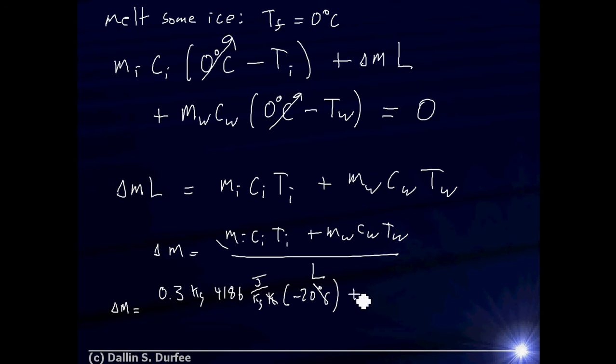All right, for the water, we have, oh, sorry, this is the ice. This is the water. Okay, I'm going to move this one over here, and for the water, it's positive 25 degrees C. Sorry, I looked up the mass of the water and the specific heat of water and put it here. So for the water, I have 0.3 kilograms, so this is really this term right there, and this is plus 25 degrees C. For the ice, I have 0.1 kilograms.